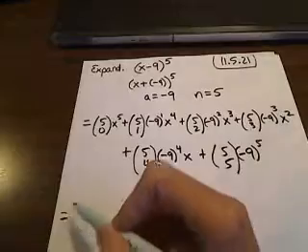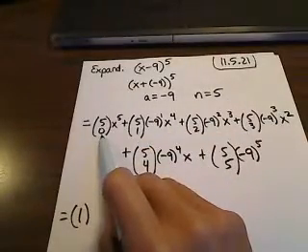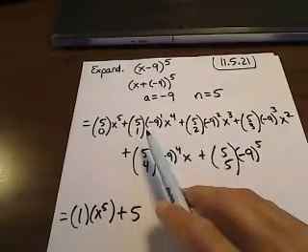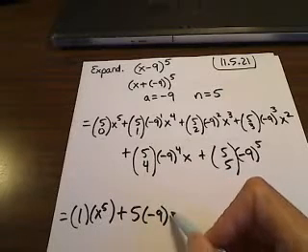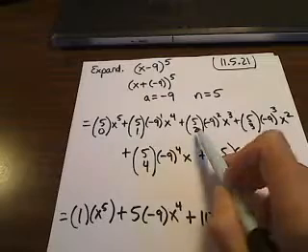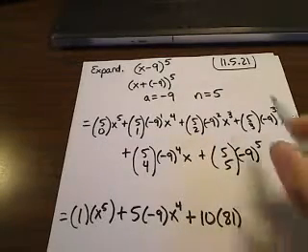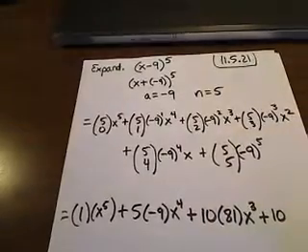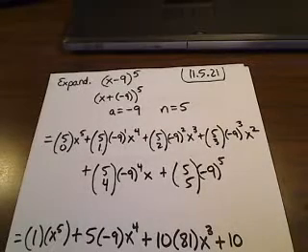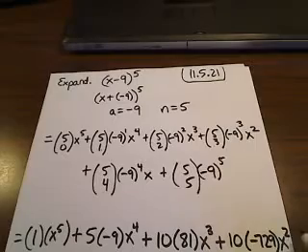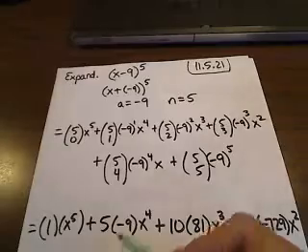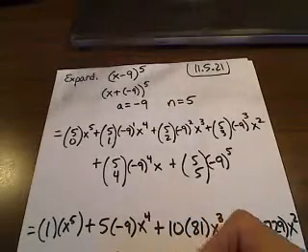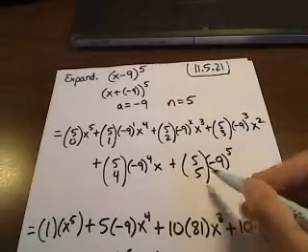This is actually equal to 1, that's the combination 5 things taken 0 at a time, times x^5, plus 5, and that 5 is the combination 5 things taken 1 at a time, times -9 x^4, plus 10, a combination of 5 things taken 2 at a time, times 81, that 81 is (-9) squared, x^3, and then plus another 10, the combination of 5 things taken 3 at a time. (-9)^3 is -729, and we have x^2, plus going back down to a 5 for 5,4, and (-9) to the fourth power is, I believe, 6,561. And then plus a 1 here for the combination of 5 taken 5.